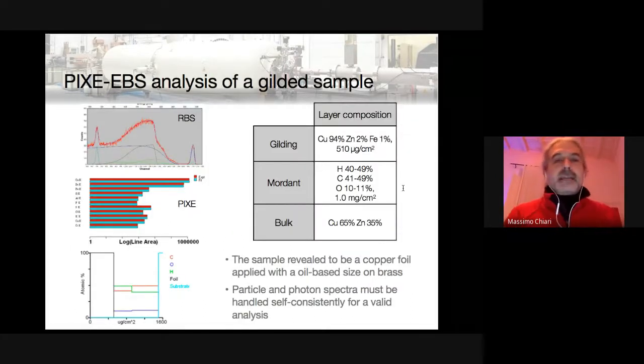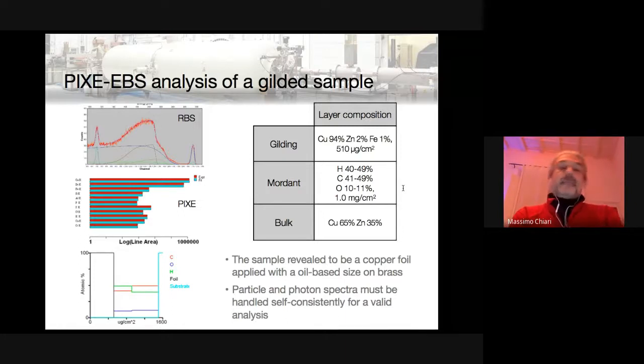This is just an example of the analysis of a gilded sample. This is just a test sample, so it was prepared on purpose. It has brass with an apparent gold layer on top of it, applied by using a glue, a mordant. Actually, it was not gold, but a copper foil.